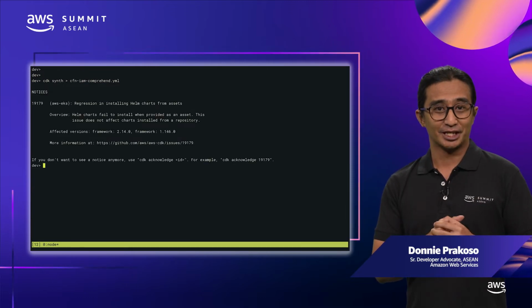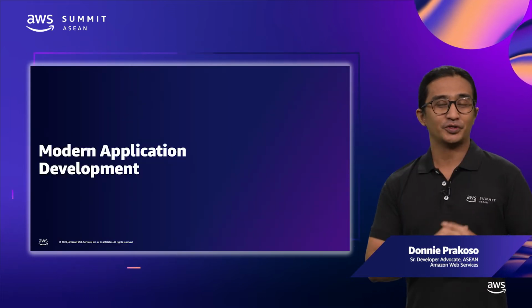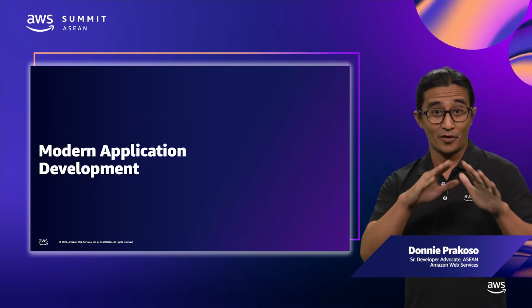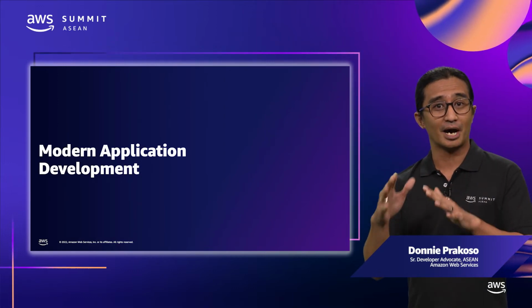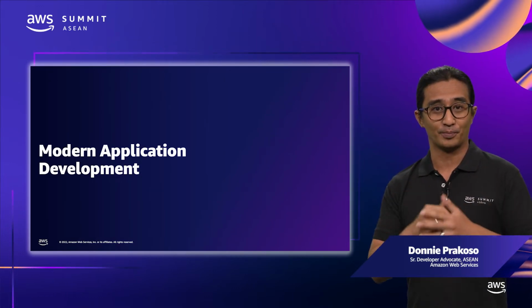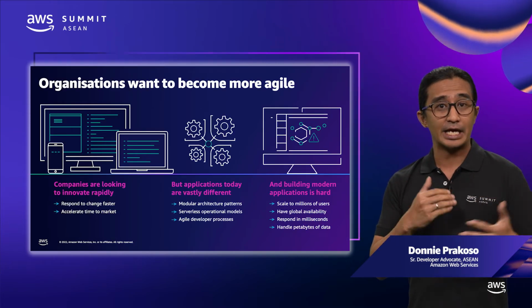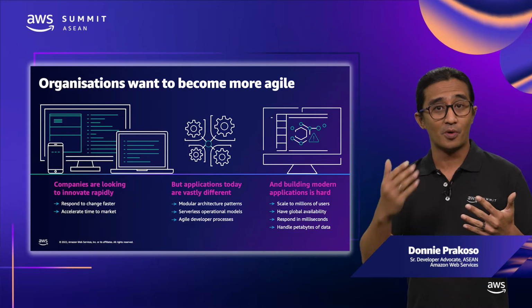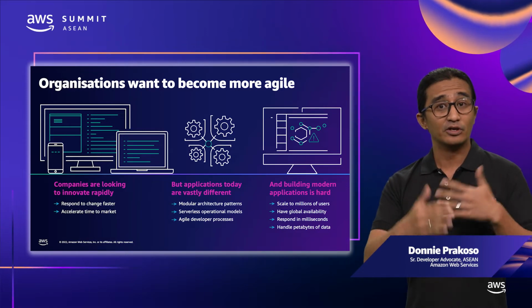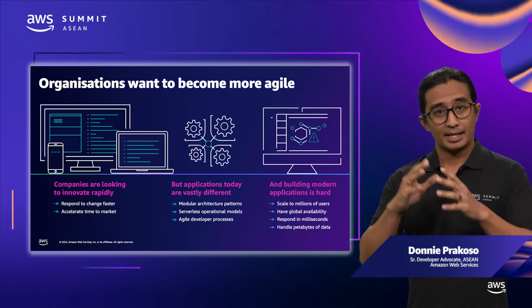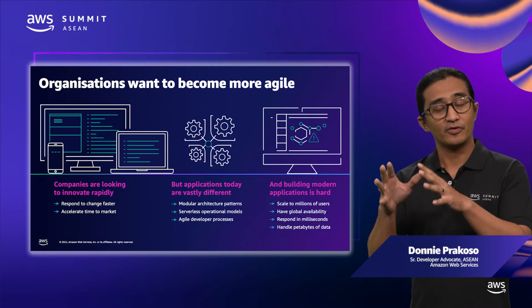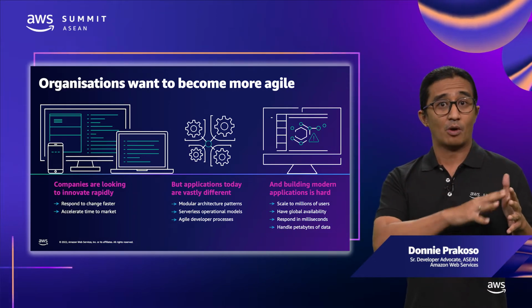Before we go to the technical how-to, let's set the context on why developers are adopting modern application development. Companies are looking to become more agile so they can innovate and respond to change faster and more rapidly. And this requires a different kind of application than what was common years ago.